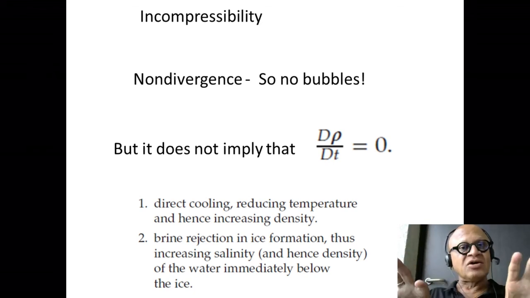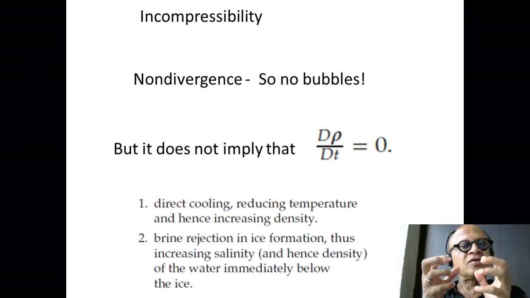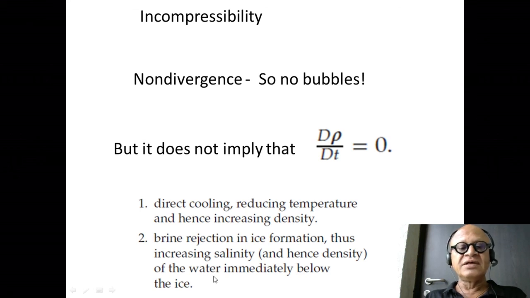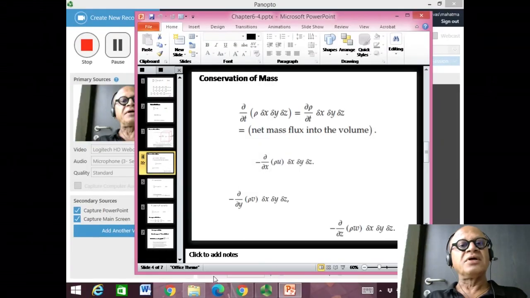Brine is rejected. The colder it gets, the more compact the structure gets, the more salt will be rejected, and so on. So increasing salinity there changes density, and the water immediately below is going to receive that salinity and change its density, right? So then it's not incompressible anymore.